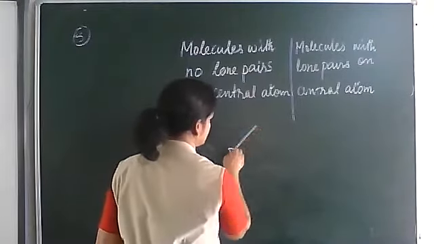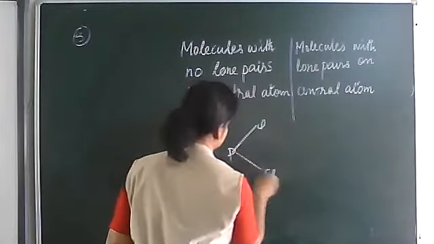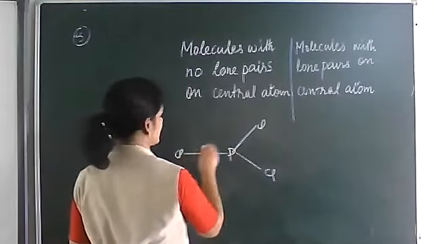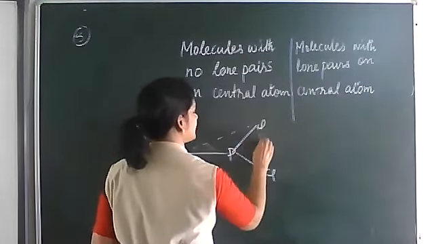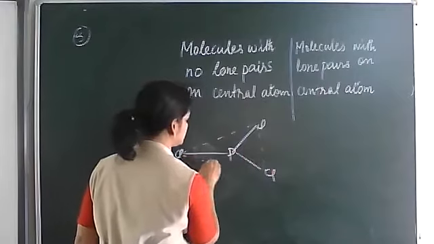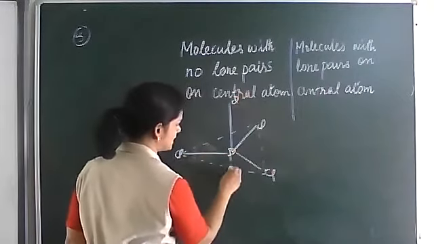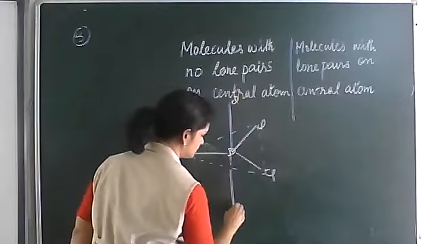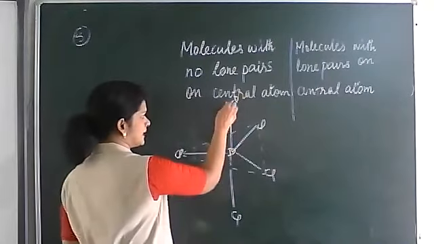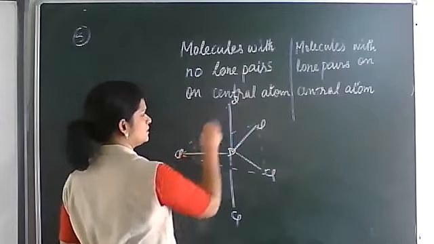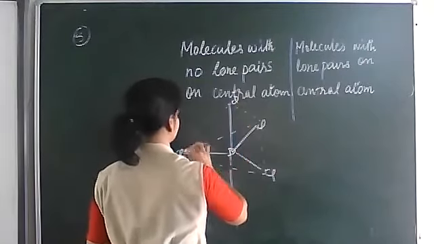Phosphorus, Cl, Cl, Cl. I can make dotted lines to join them, and one up, that is Cl, and one down, that is Cl. I can join them with dotted lines.